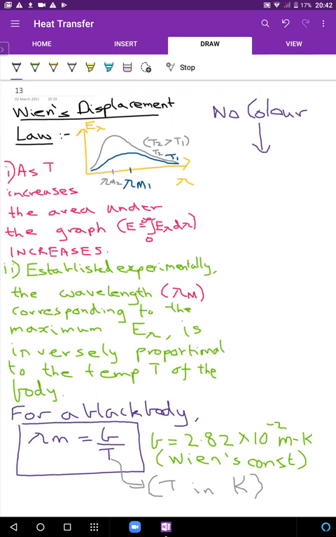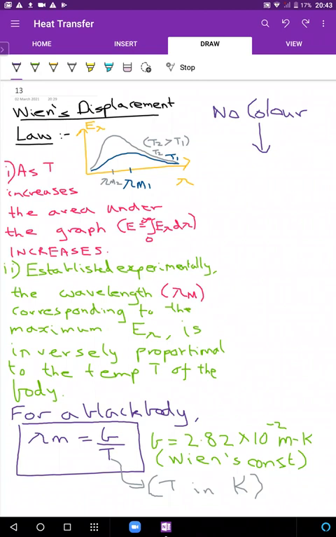The steel plate was at a lower temperature and it's emitting radiations of all wavelengths. Note, they don't emit radiations of just one wavelength. What is predominant? At a lower temperature, the predominant wavelengths were in the infrared region. That's why it doesn't seem like the steel plate is emitting any color. It's just reflecting light at a normal temperature.